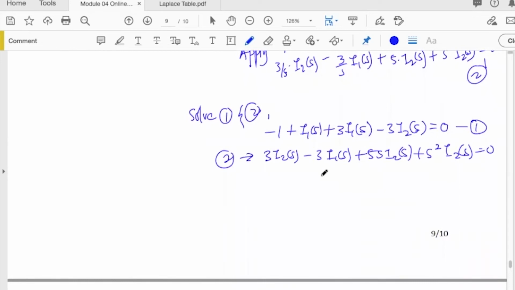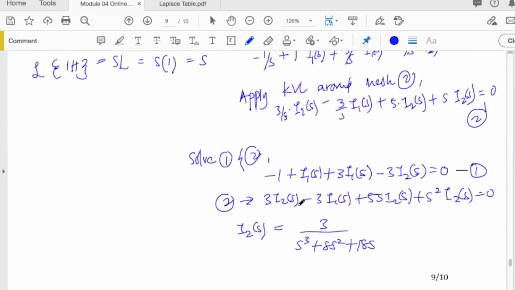In the end, your I2 current will be equal to 3 divided by s to the power of 3 plus 8s squared plus 18s. So this is the equation of current I2.